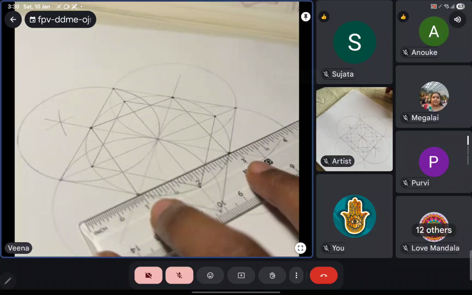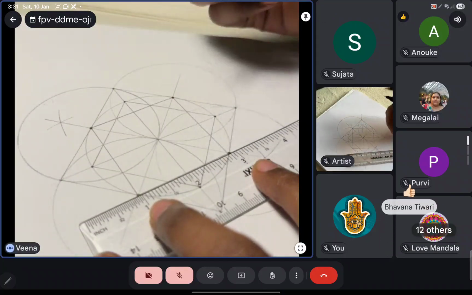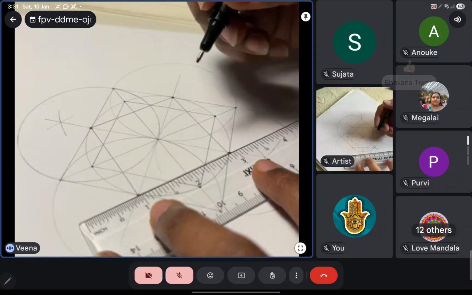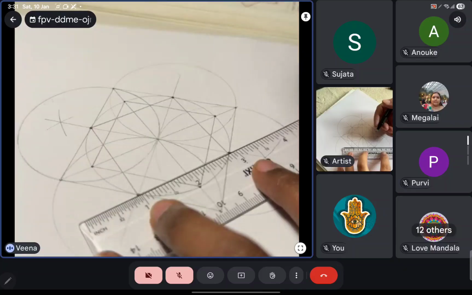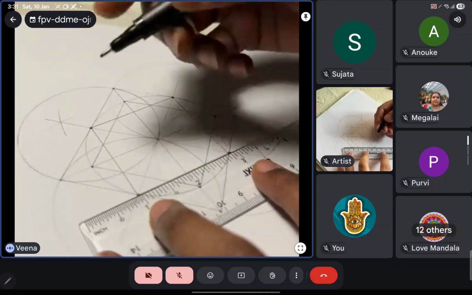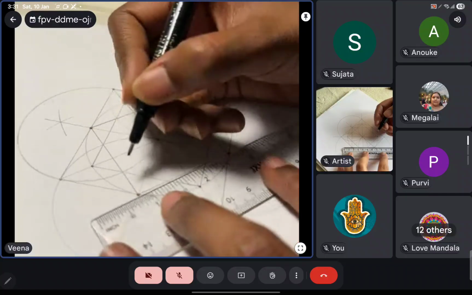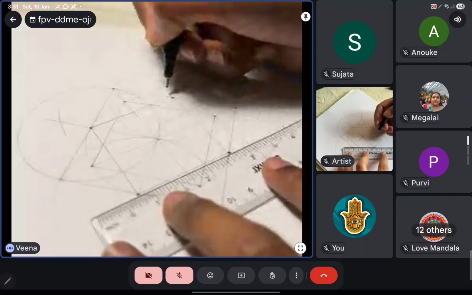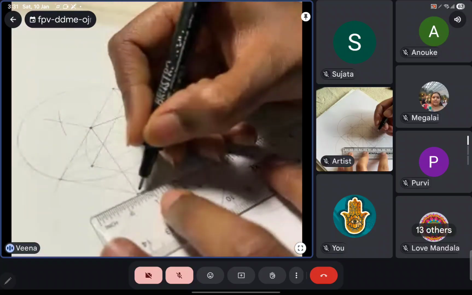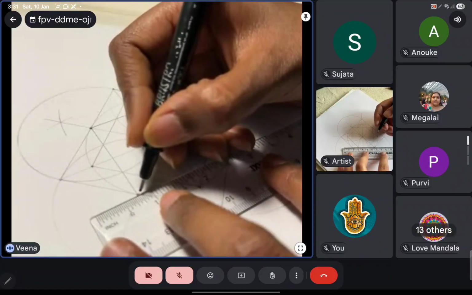Okay. And then now we're going to start by highlighting our pattern. So this is the pattern. Okay. So we're going to start off from this point.